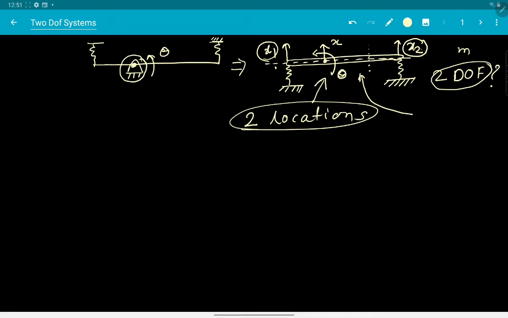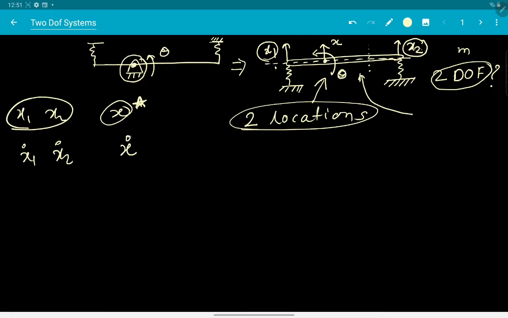You will require x1 and x2 in order to completely define x at any other location in the bar. Similarly, you will require x1 dot and x2 dot to define velocity at any other location in the bar. Similarly, you will require two acceleration inputs to completely define acceleration at any location in the bar. That's why this system is a 2 degree of freedom system.